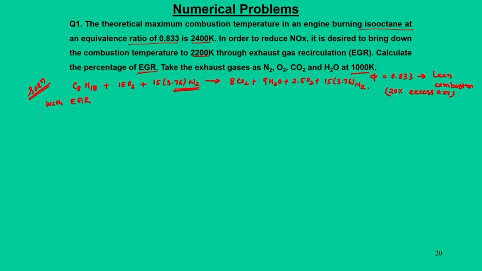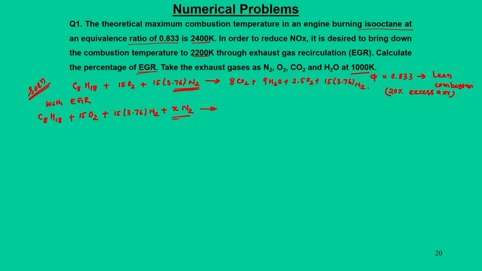So, we can rewrite this equation as C8H18, which remains as it is, plus 15 O2 plus 15 times 3.76 N2. Here we will add some X N2. When the exhaust gas is recirculated, it comes into the reactant side again.